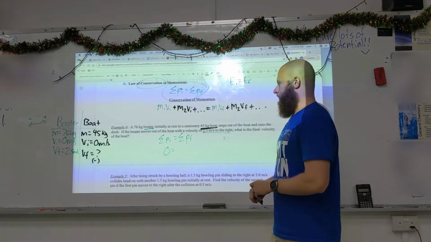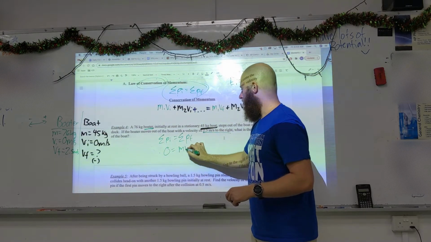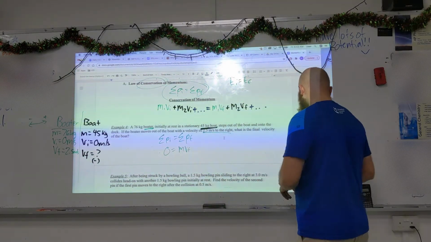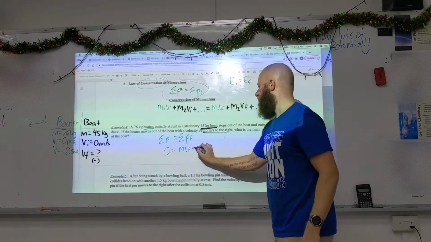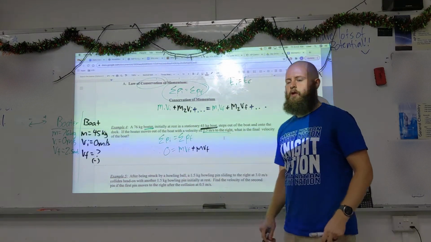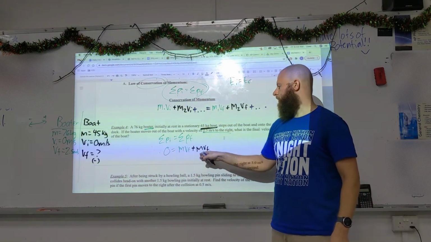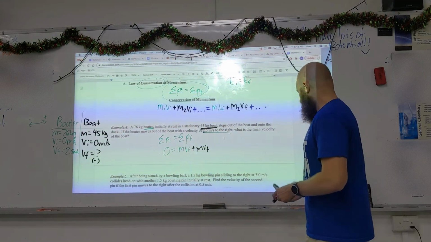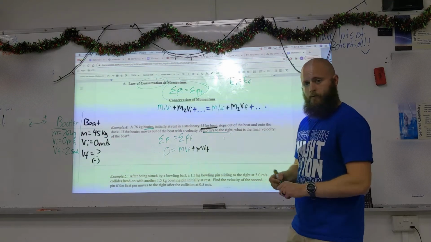Now let's write down our objects, okay? So I have a boater, so that's my green mvf, right? And then I also have my boat. That's going to be my black mvf, okay, right? These are two different objects, even though I'm sort of using the same variables multiple times. Okay, so I got something that looks like this. Let's plug in what we know.